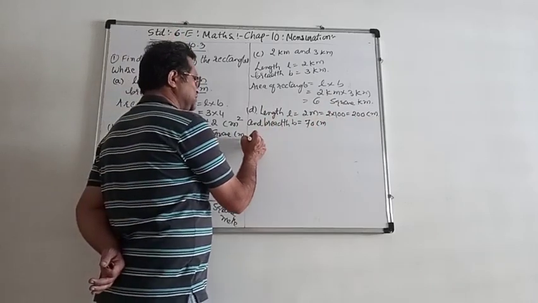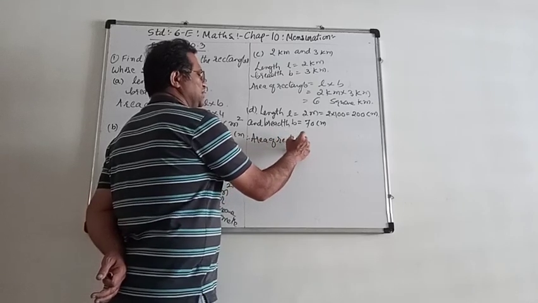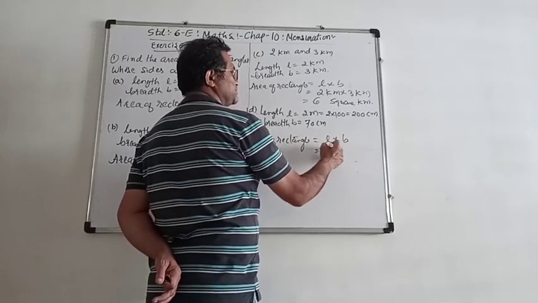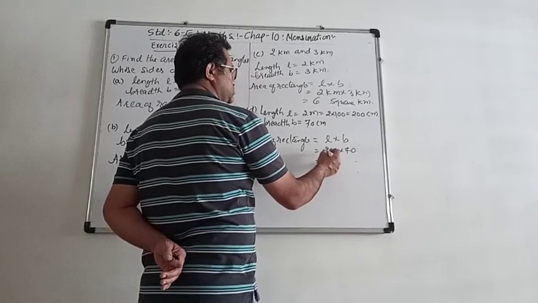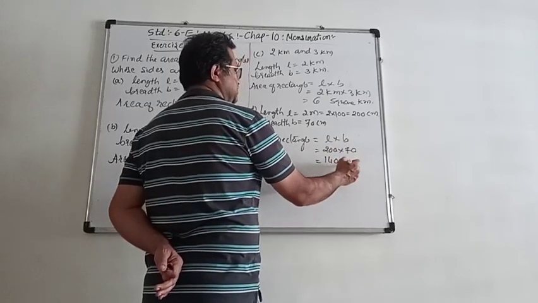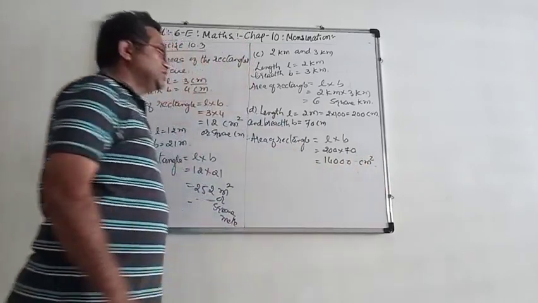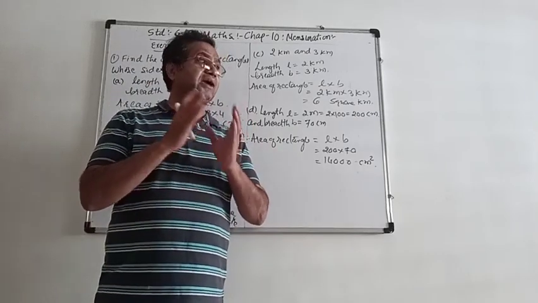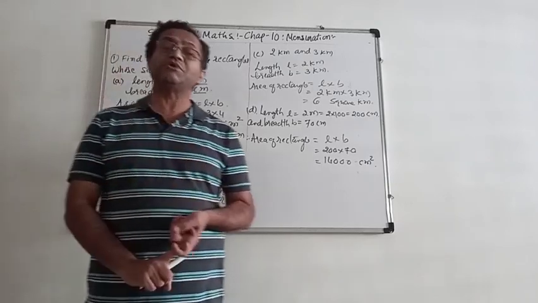Now simple. Therefore, area of rectangle, length multiplied by breadth. So 200 multiplied by 70. 7 2s are 14, and three zeros, 14,000 centimeter square. So here it is very important, when the length and breadth both are not given in the same unit.